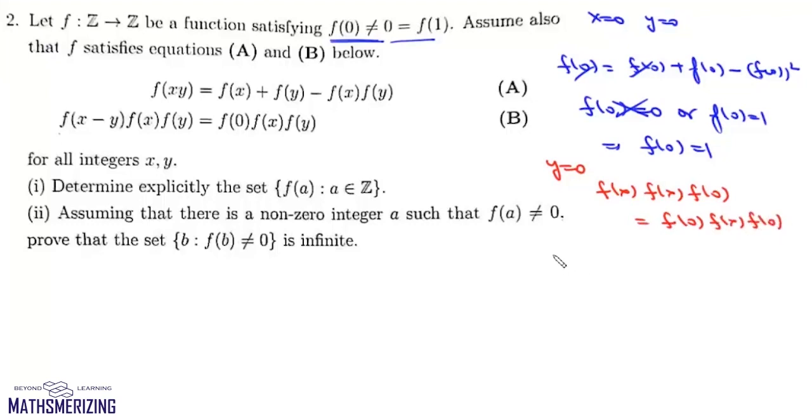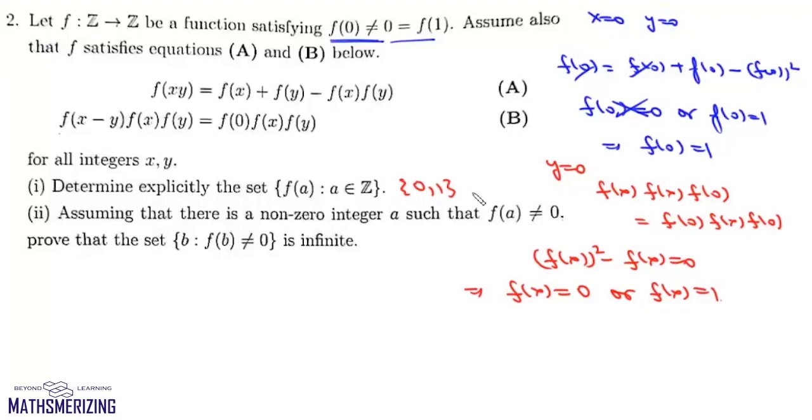So from here we can write fx square minus fx equals 0. That means the value of fx is either 0 or the value of fx is 1. So this function fx can take only two values, 0 and 1. That means the range of this function is simply 0 and 1, and that's your part A.